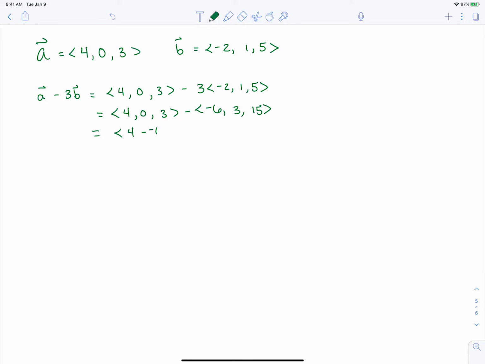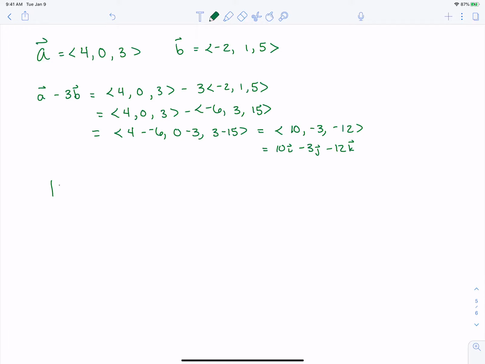So 4 minus negative 6, 0 minus 3, and 3 minus 15, and we get 10, negative 3, and negative 12. And again, if we wanted to write that as those multiples of those unit vectors, it would look like that.